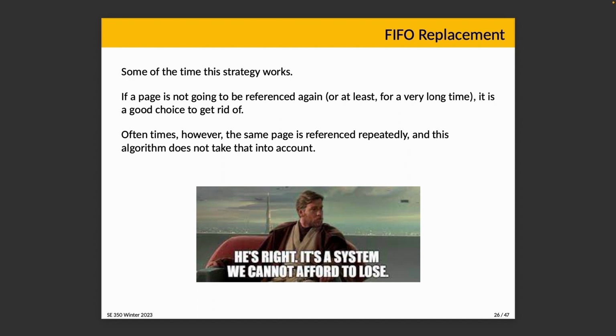But it doesn't work very well for the page where the summary information is being stored, because we're using it a lot. We use it on every iteration of the loop, and yet when it gets to be the oldest in our cache, it gets thrown out. So we don't want that, right? It's annoying that it has to get kicked out and loaded into cache again every single time, because we would prefer to keep it if we could.